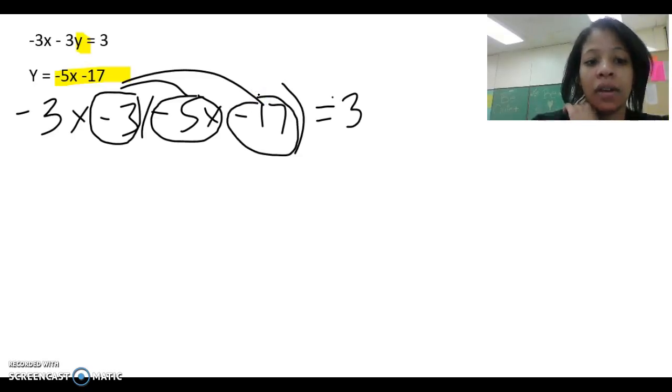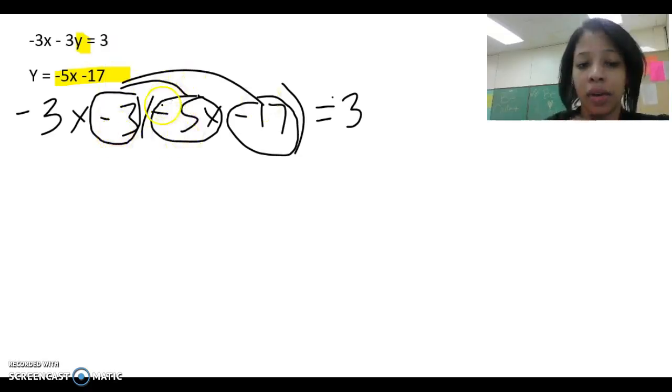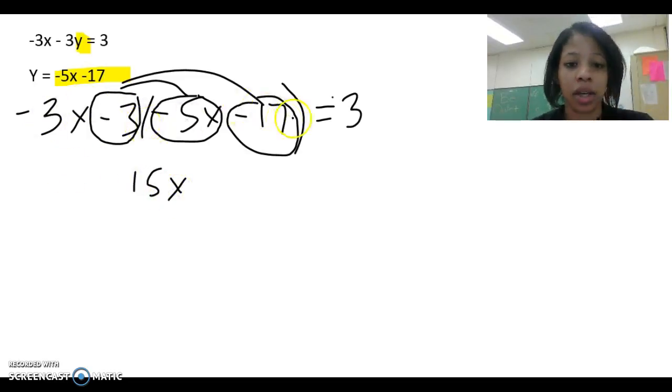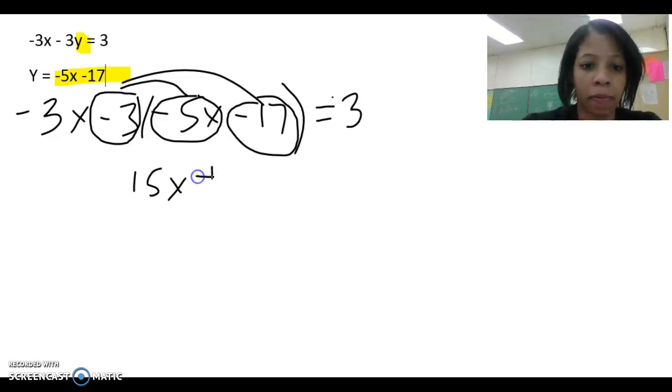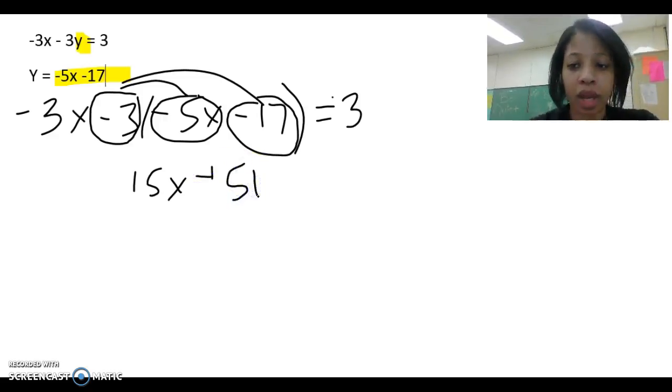So negative 3 times negative 5x is going to be positive 15x. And then negative 3 times negative 17 is going to be positive 51.